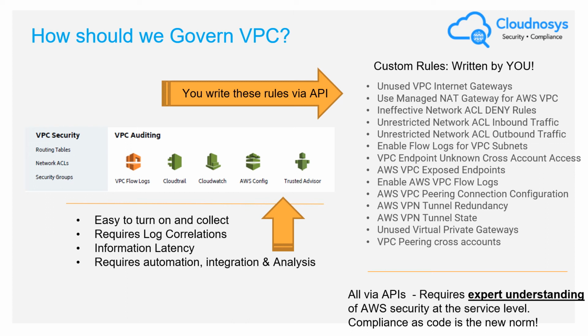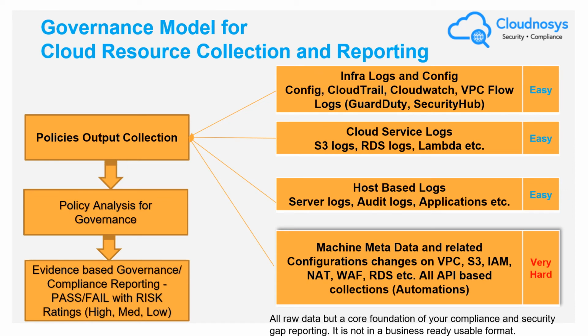Yes, you can go into VPC and turn on CloudTrail, CloudWatch, AWS Config, and all those things. Those are great, and you should be doing that. But keep in mind, it's going to generate findings, and these custom rules are going to generate findings, and you need to be able to consolidate those findings. So that kind of takes us to the next slide of consolidation and creating that risk rating process and pass-fail process for your governance model.